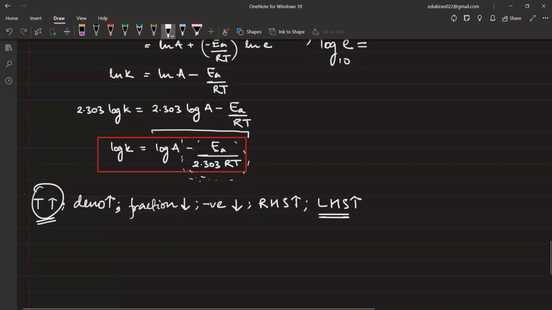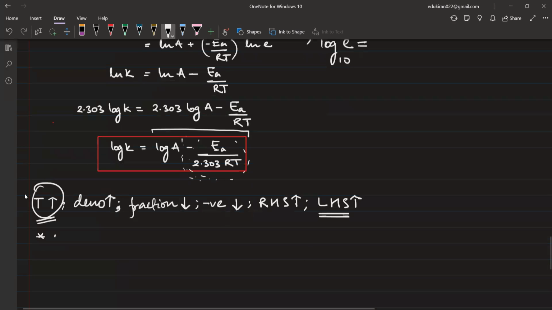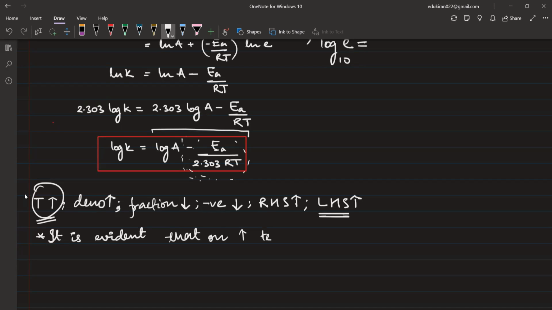So right after this, it is evident that on increasing temperature, there will be an increase in the rate constant.